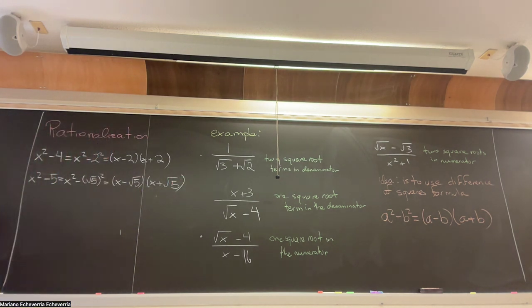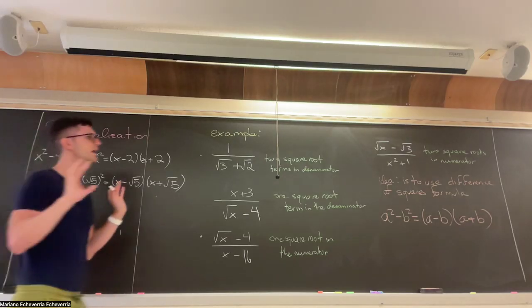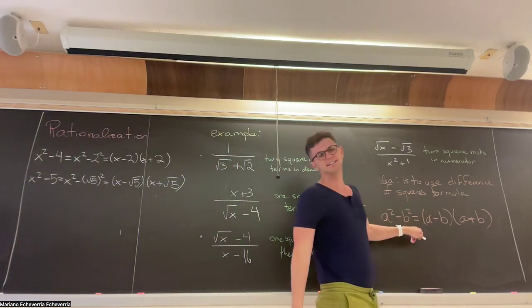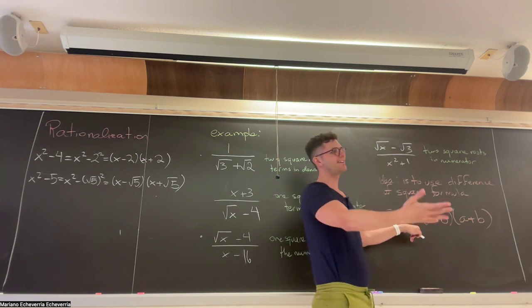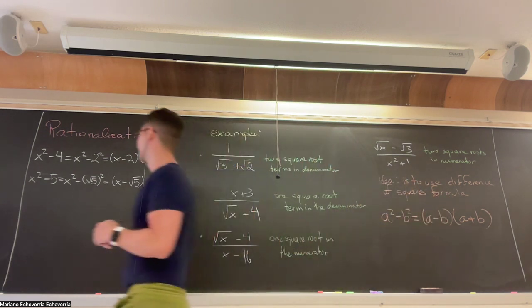Is that making sense? What I'm trying to say is that even when the number doesn't look like a square, it can be made into a square thanks to the square root.